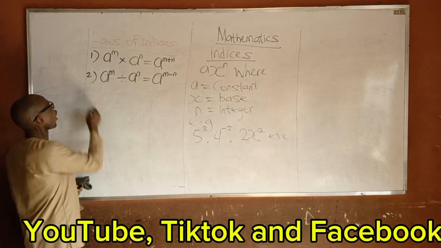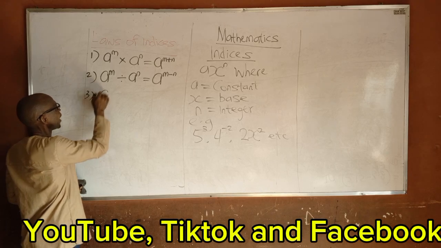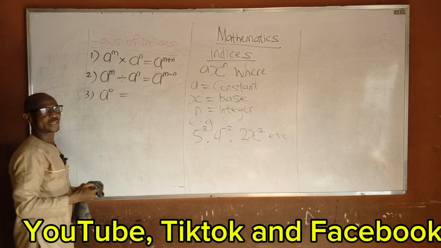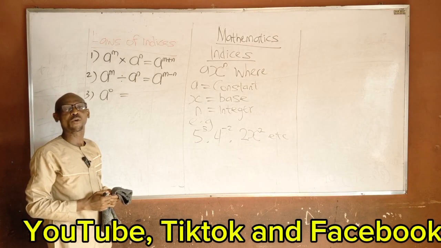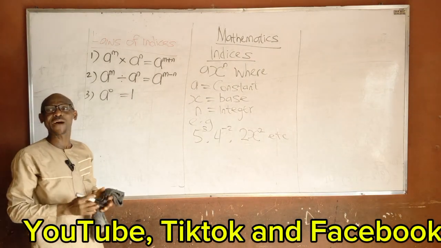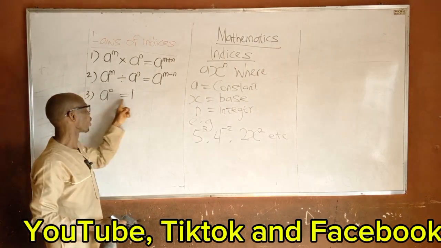Our third law, we have a raised to power 0. That a raised to power 0 is equal to 1. When any value is raised to the power of 0, it is equal to 1.